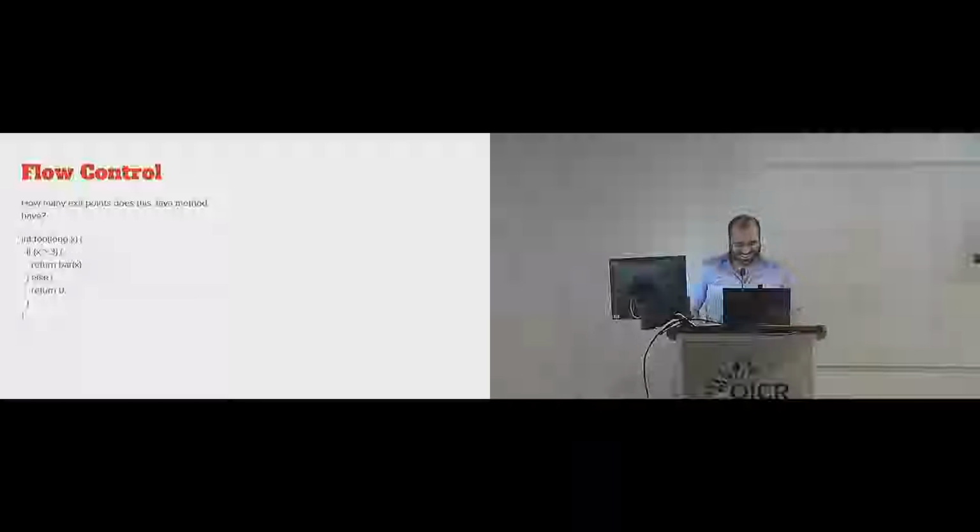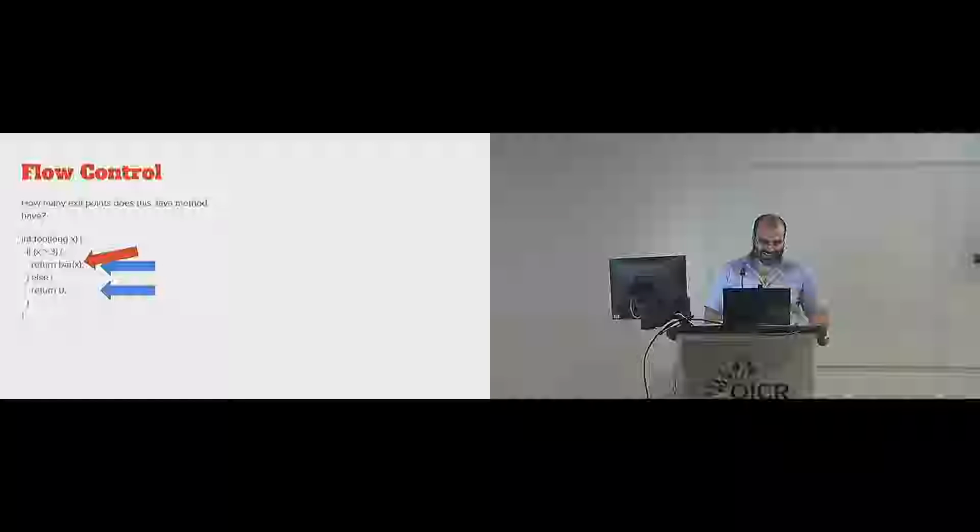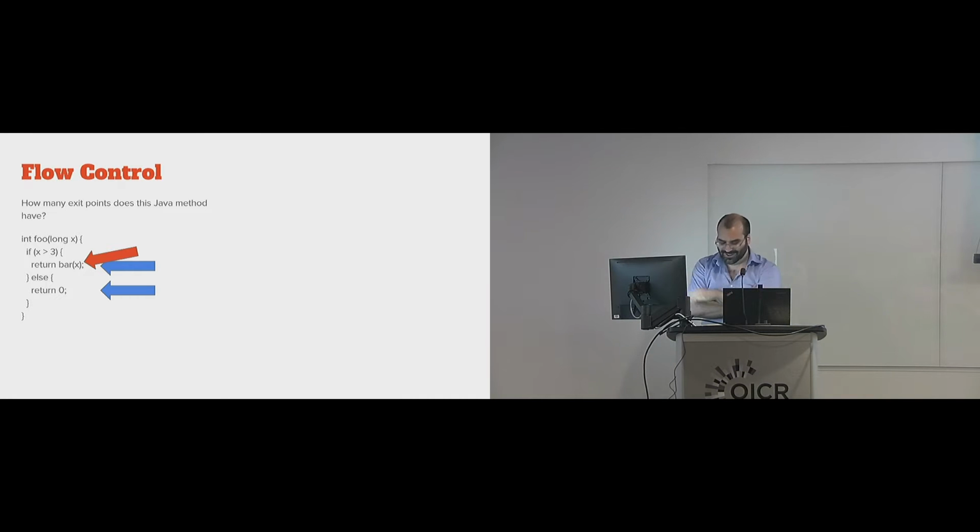I'm gonna say 3. Okay, that's an exit point, right? That's an exit point, so we're at 2. That can throw an exception. It could also fail to exit. 4. Oh my god, I'm wrong. I'm in shame now.